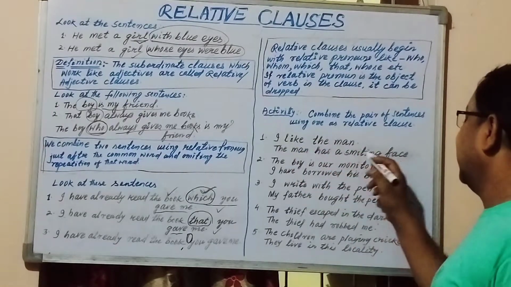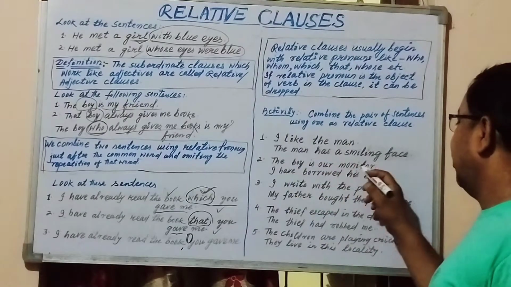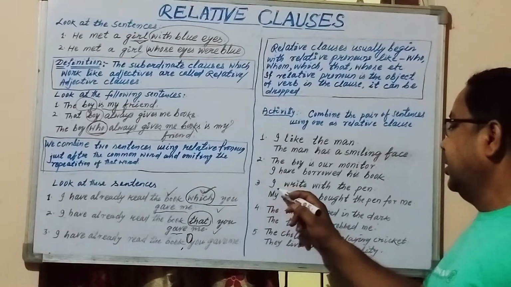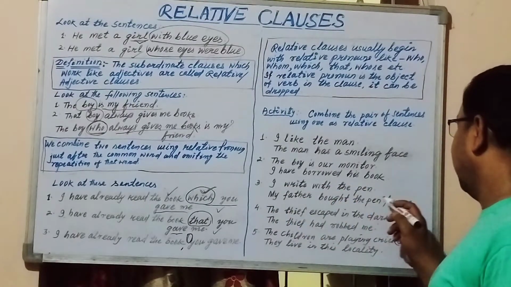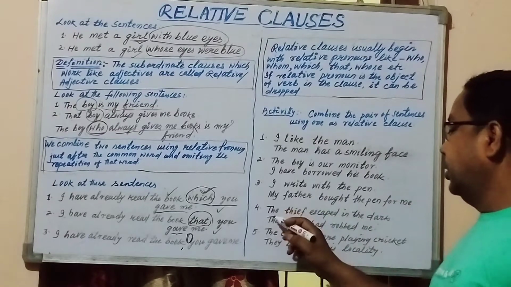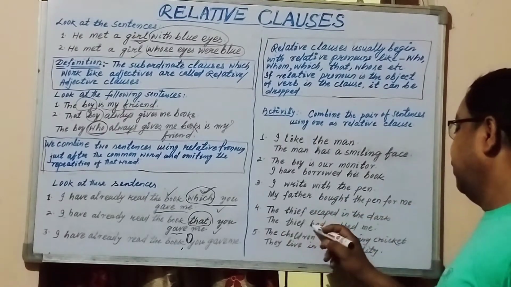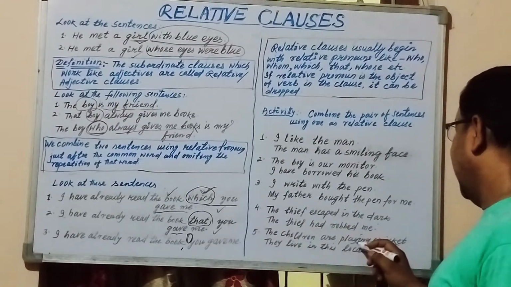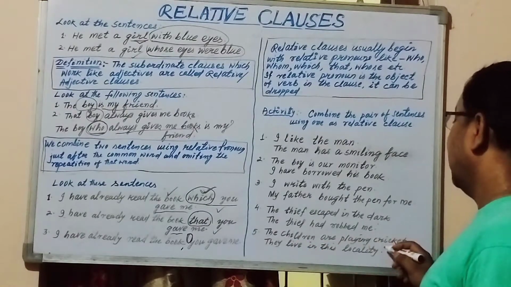The man has a smiling face. Number 2, the boy is our monitor. I have borrowed his book. Number 3, I write with the pen. My father bought the pen for me. Number 4, the thief escaped in the dark. The thief had robbed me. Number 5, the children are playing cricket. They live in this locality.